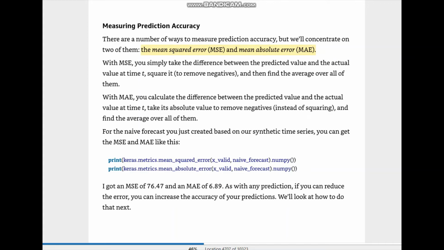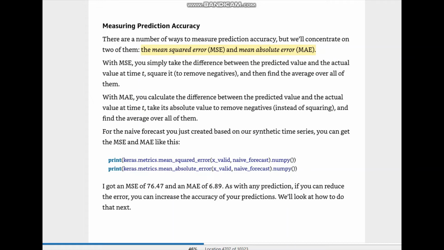With MSE, you simply take the difference between the predicted and the actual value at time t, you square it to remove the negatives, and you average it over all of them, right? So mean squared error means you take the error, that is the subtraction, you square it so that you don't get negative values, and you take the average of all, right?